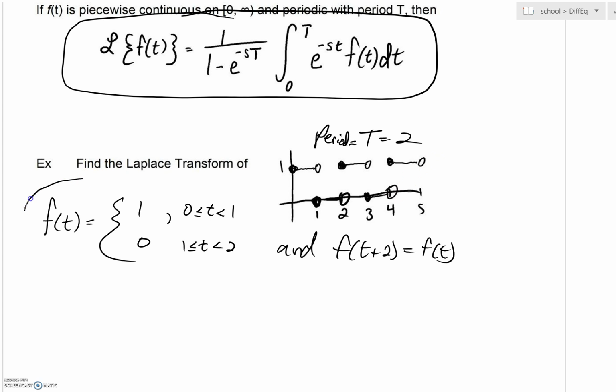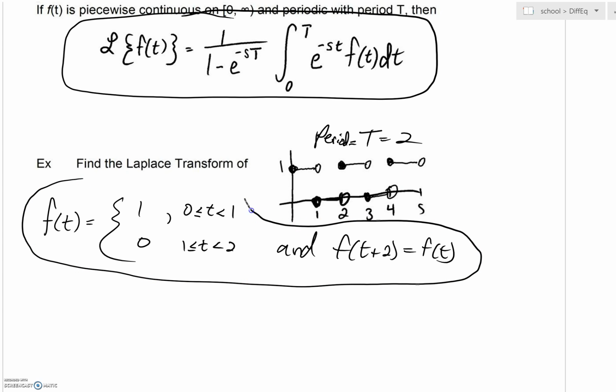We'd like to describe it for all t values. We can say we start off with 1 for t values between 0 and 1, not including the 1 itself. But then we drop down to 0 for t greater than or equal to 1 and less than 2.